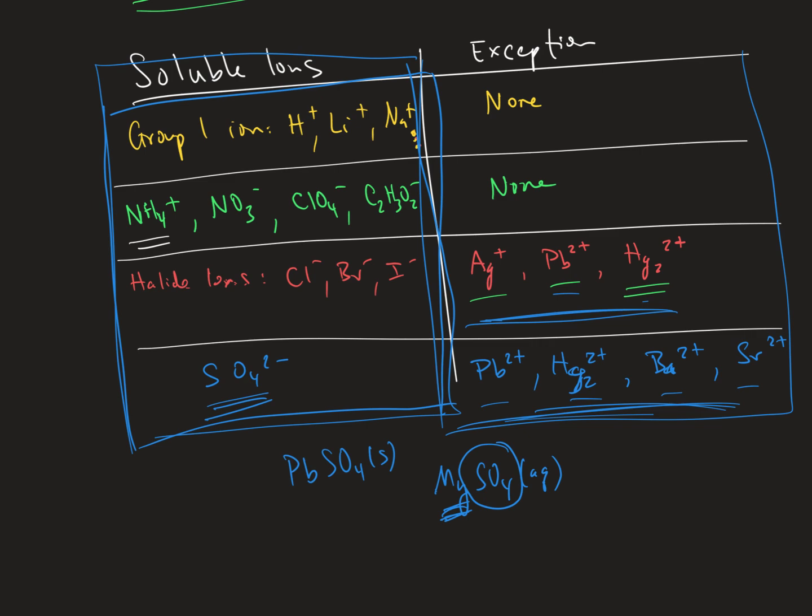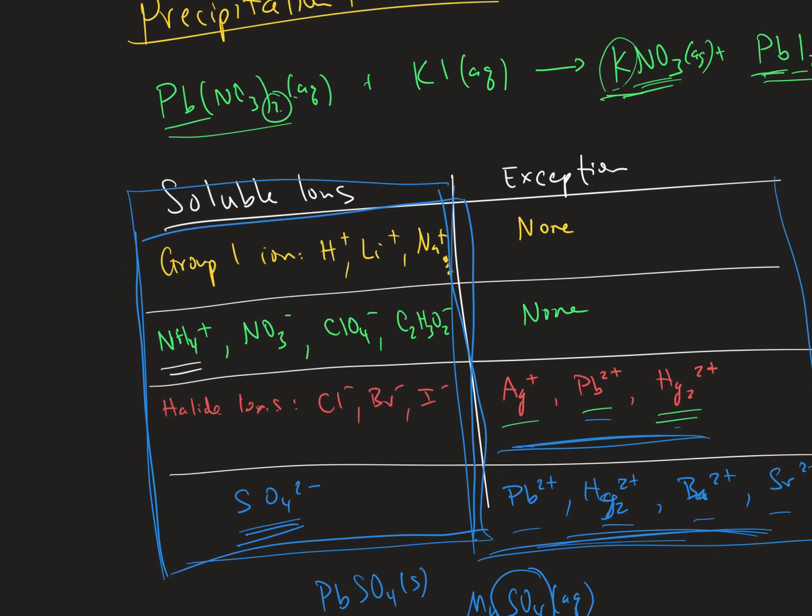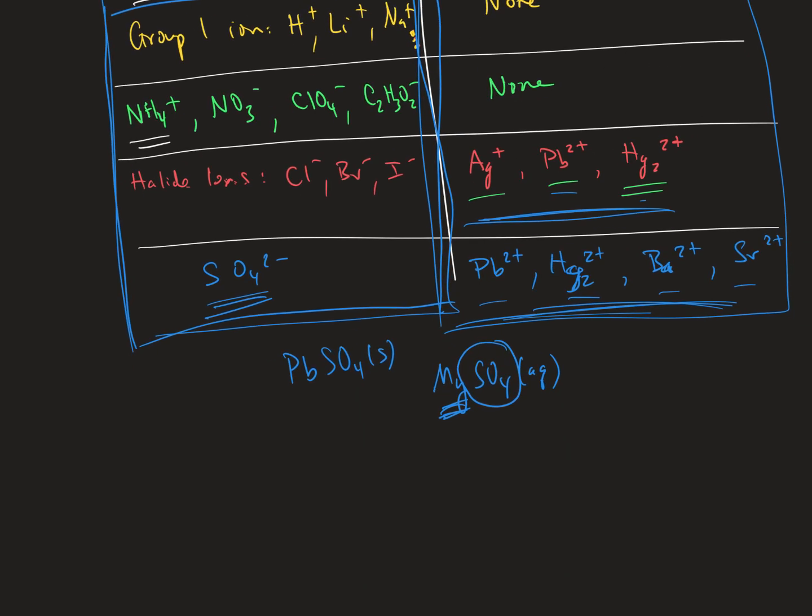So solubility means what? I didn't give you a definition. Soluble means dissolves in whatever you're talking about, but in general we talk about dissolving in water. Dissolves in water. And insoluble is just the opposite.